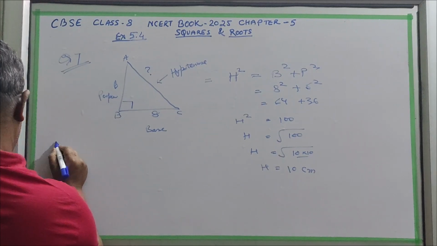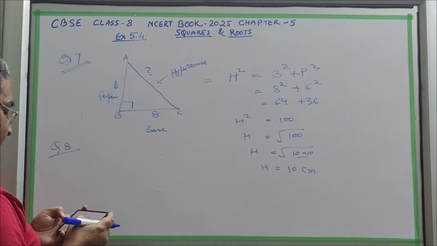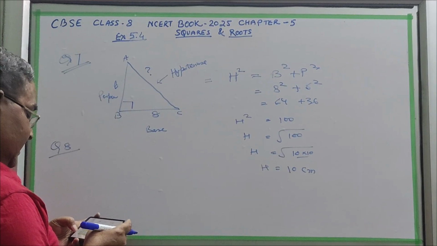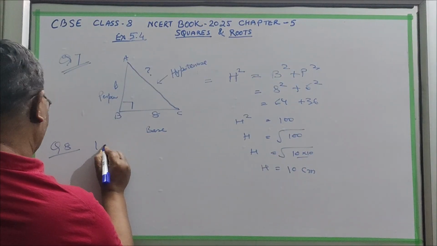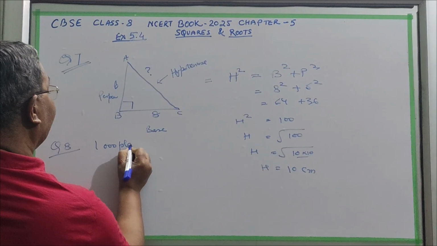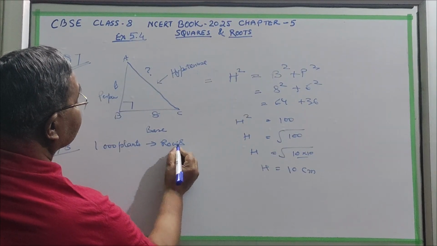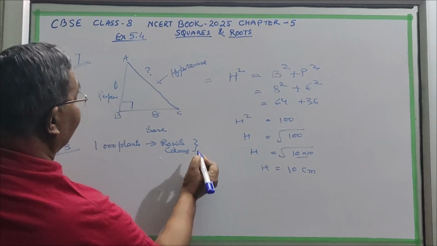Question number 8. A gardener has 1000 plants. He plants these in such a number of rows and columns that rows and columns should be equal.